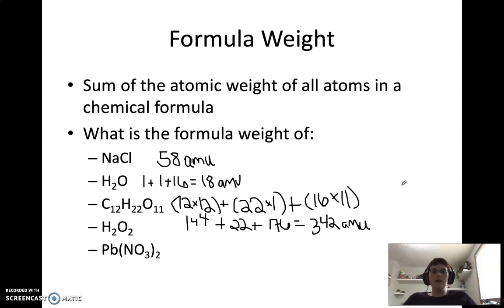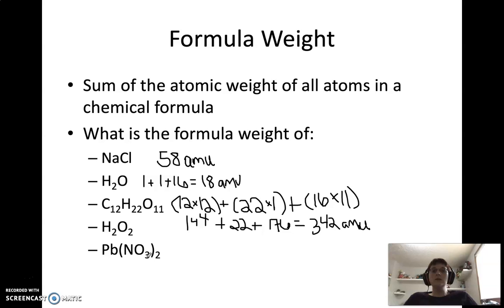So I've got a couple of other ones here for you to try. We've got hydrogen peroxide. Yeah, that's the common name. Again, naming rules would be dihydrogen dioxide. This is a covalent compound, so we've got to put the prefixes in front. And then you've got lead nitrate because this is a polyatomic ion.